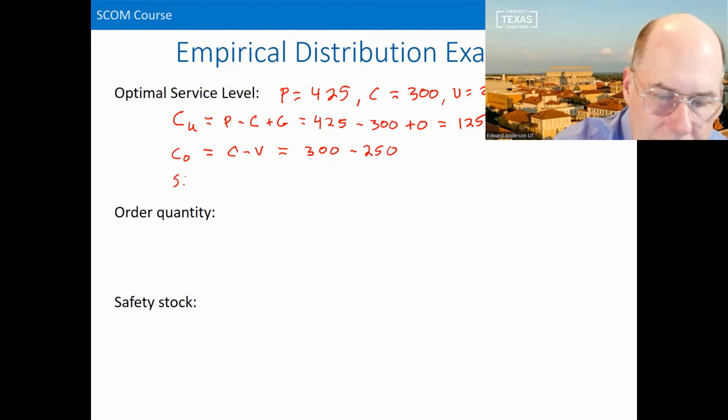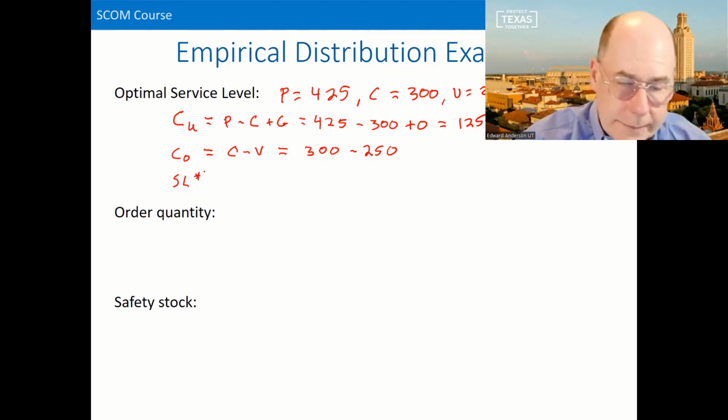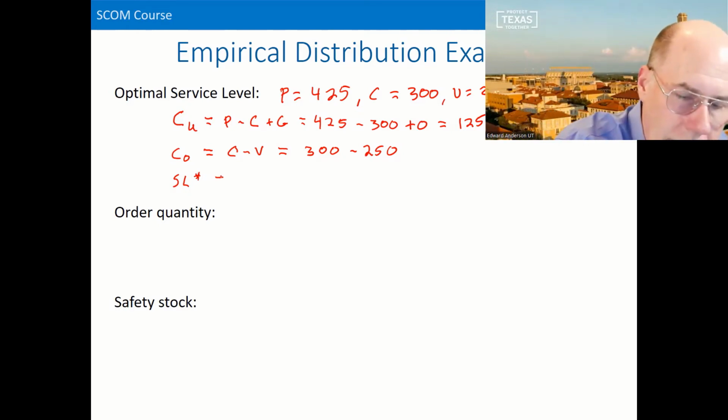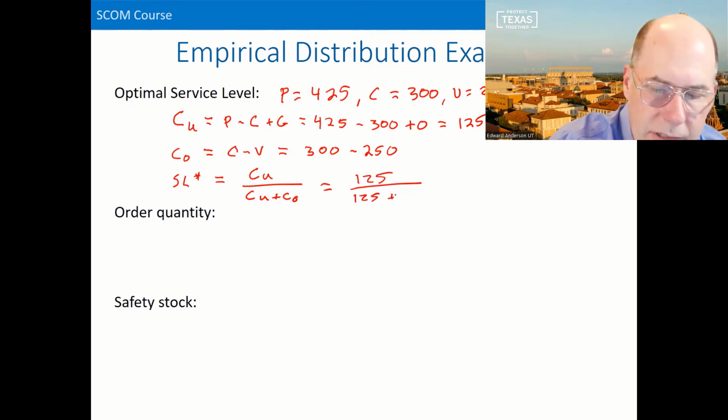And hence, optimal service level, which oftentimes is denoted by a star or asterisk next to it, is equal to CU over CU plus CO, which is equal to 125 over 125 plus 50, and that's equal to 71.4%.